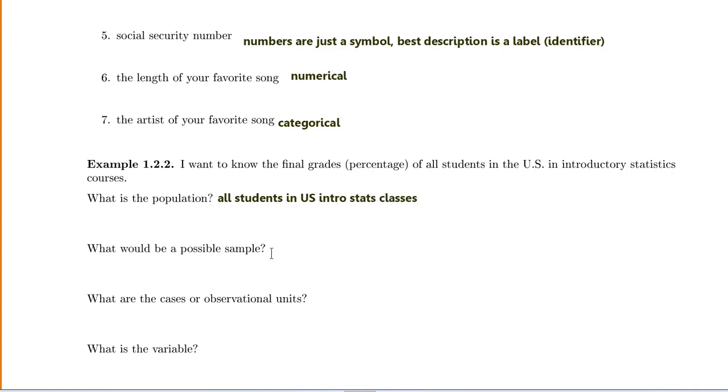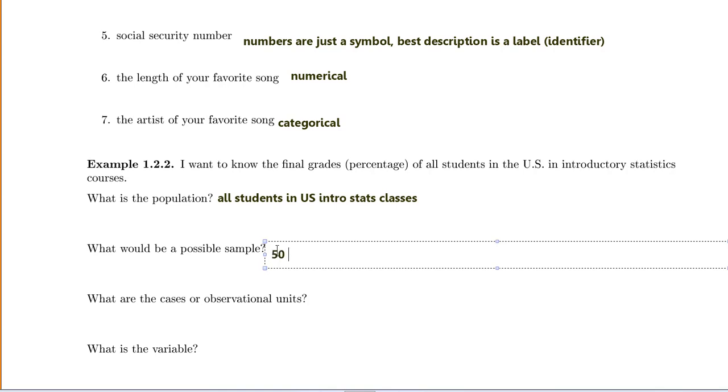What would be a possible sample? Well, there are many choices for this one. You could look at maybe 50 random students from each university, or maybe 10 students from each university, or maybe you could look at 100 students from 10 different randomly chosen universities, etc. You can just somehow make this a smaller sample.